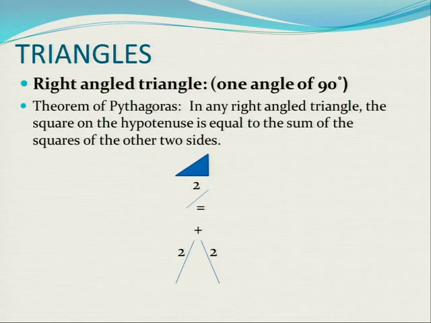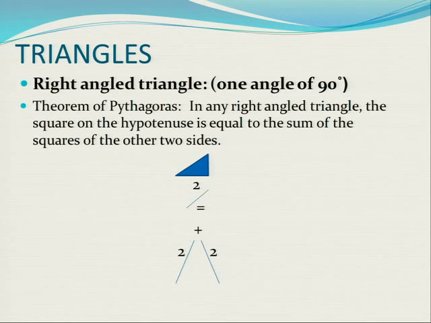Remember, we said we are handling the right angle triangle now, and that is the triangle that has one angle of 90 degrees. Now, the theorem of Pythagoras says, in any right angle triangle, the square on the hypotenuse is equal to the sum of the squares of the other 2 sides.